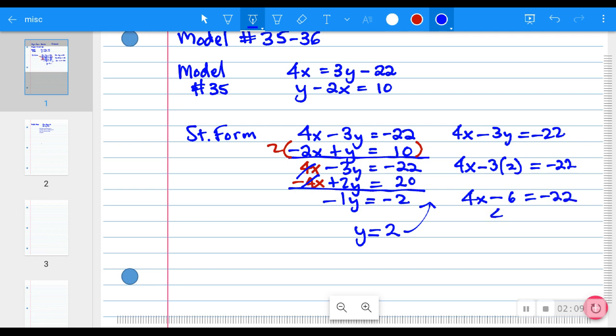Adding 6 to both sides takes us to 4x equals negative 16. And dividing by 4 gives x equals negative 4. So our answer here is x is negative 4 and y is 2.